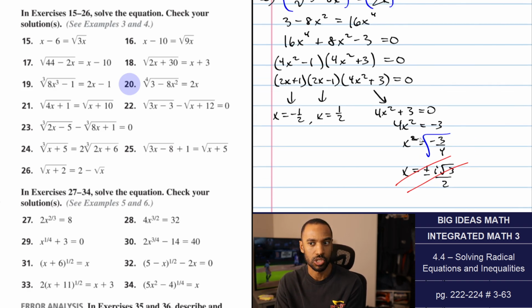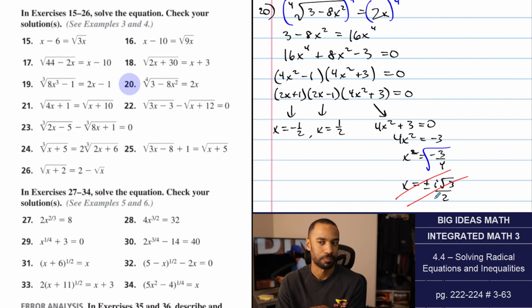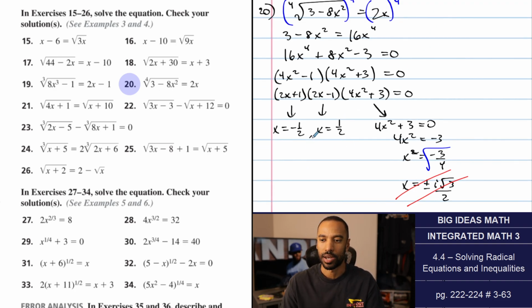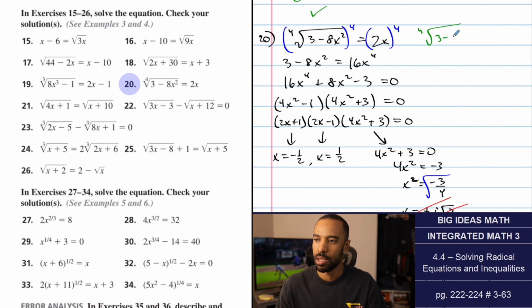If I plug them into the original, I'm probably going to get statements that work, I guess. And that's more work than we probably need to deal with right now. So let's leave them. Let's go to these ones. Let's try negative 1/2 and positive 1/2. So fourth root of 3 minus 8 times negative 1/2 squared equals 2 times negative 1/2.